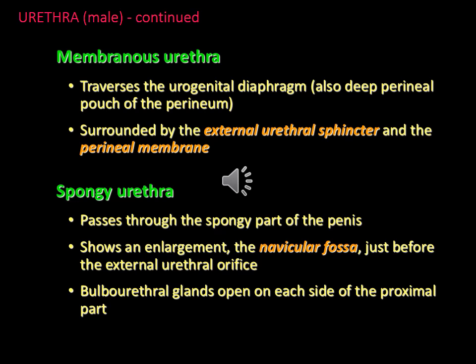And the ducts of the bulbourethral glands will open into the proximal part of the spongy urethra, which I have already mentioned, that the glands are in the deep pouch and the ducts are in the superficial pouch, because the bulb and the two crura, which form the roots of the penis, are situated in the superficial perineal pouch.